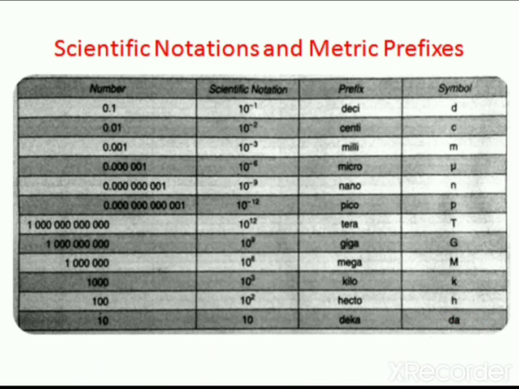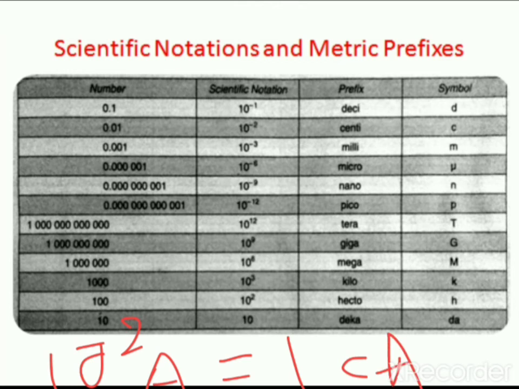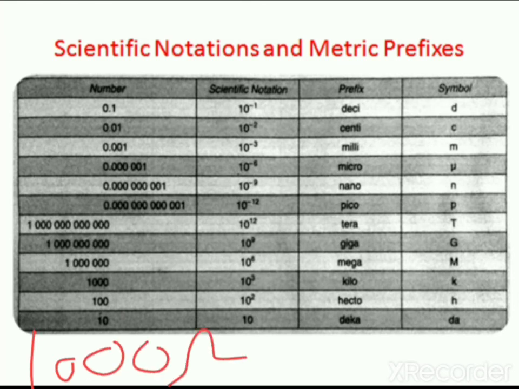To simplify the writing of very small and very large quantities, metric prefixes are used, such as 10 raised to minus 2 ampere is expressed as 1 centiampere and 1000 ohm as a kilo ohm, 1 kilo ohm.